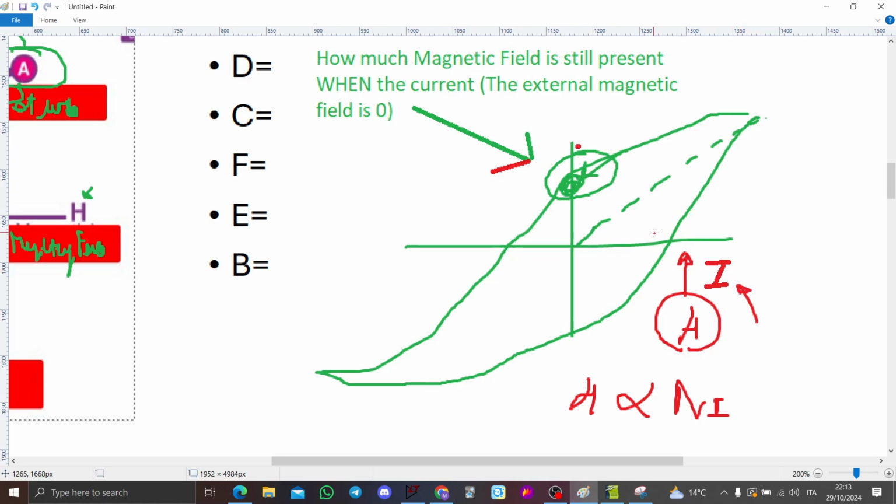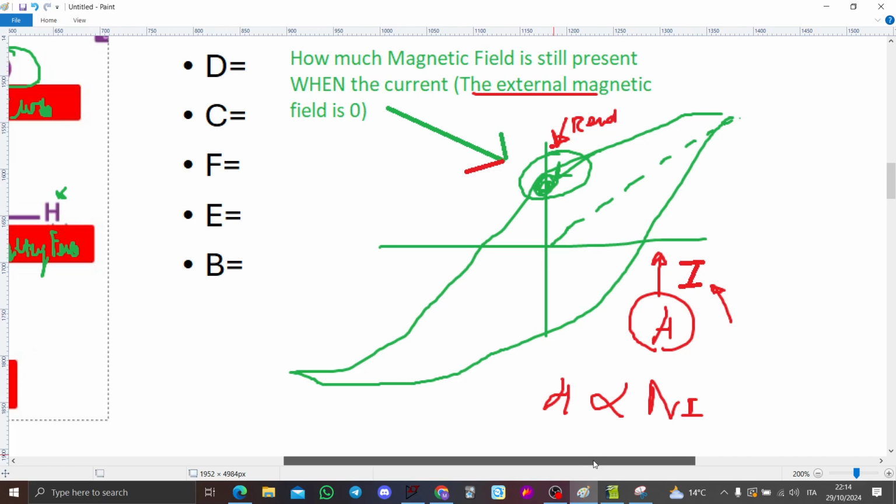So you can interpret this curve in a better way and say, when the external magnetic field is 0, how much residual field I have.